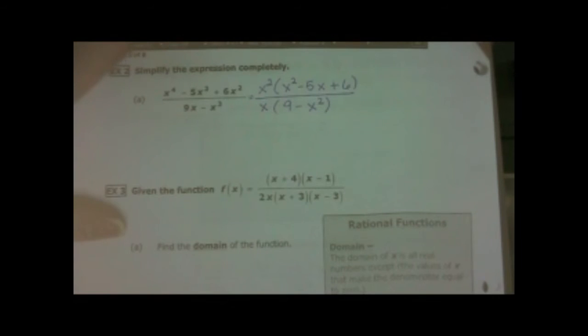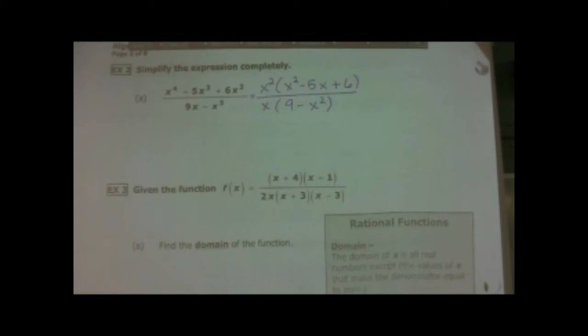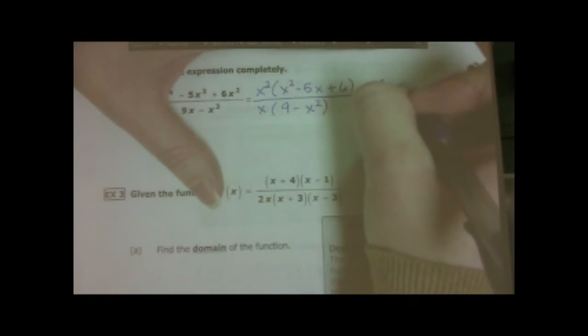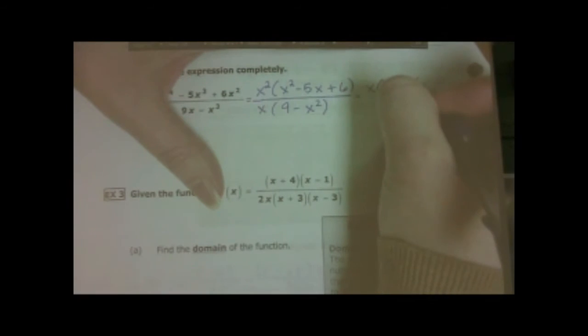If I go back to that numerator, I want to factor my trinomial, so I need two numbers that multiply to 6 and add to negative 5, and that would be negative 6 and positive 1. So I have x minus 6, x plus 1. In the denominator, I want to factor this.